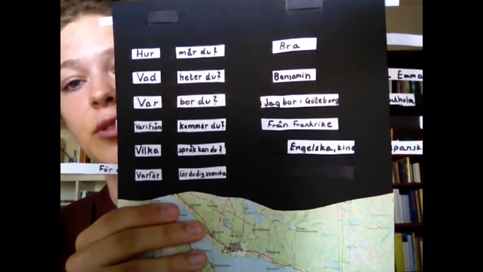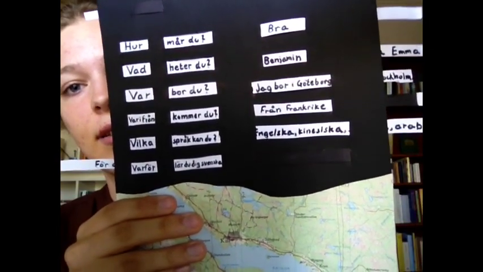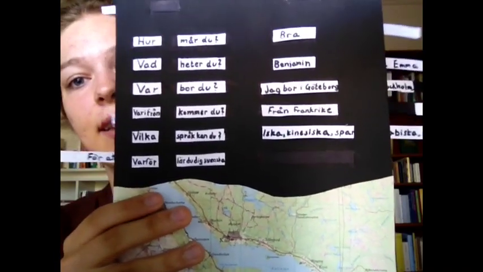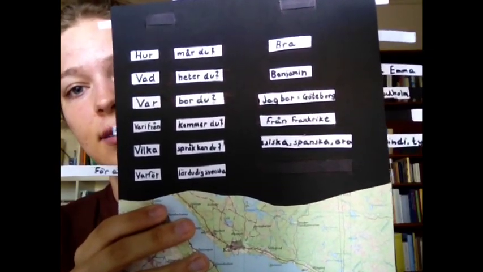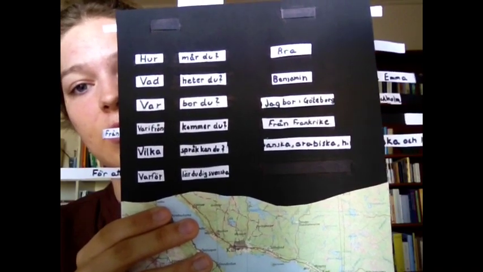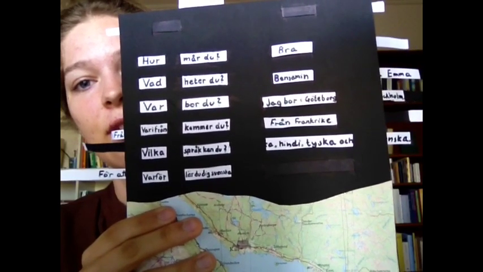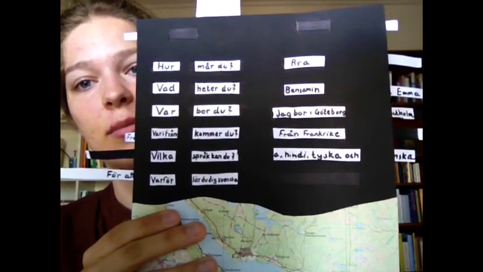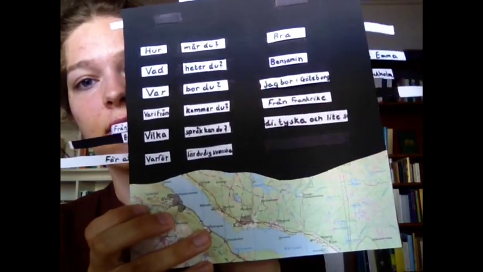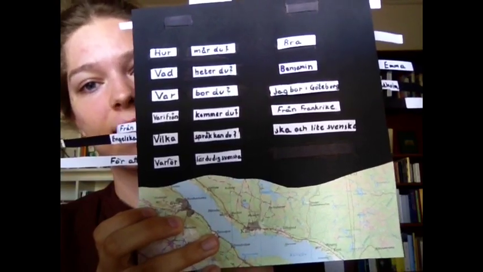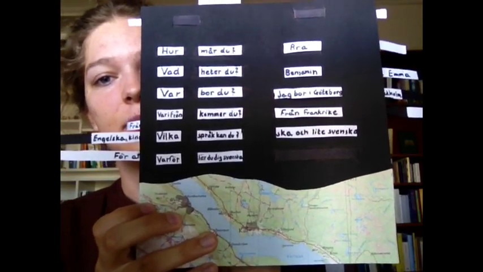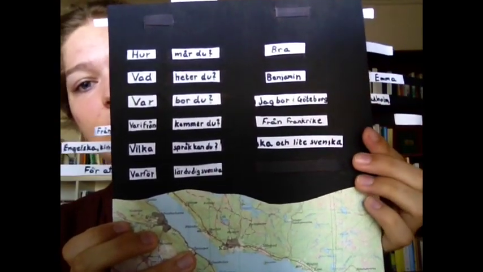Engelska, that is of course English. Kinesiska, that's Chinese. Spanska, Spanish, quite easy. Arabiska, Arabic. Hindi, Hindi. Tyska, that's a little tricky, that's German. And och lite svenska. And a little Swedish. Some Swedish.